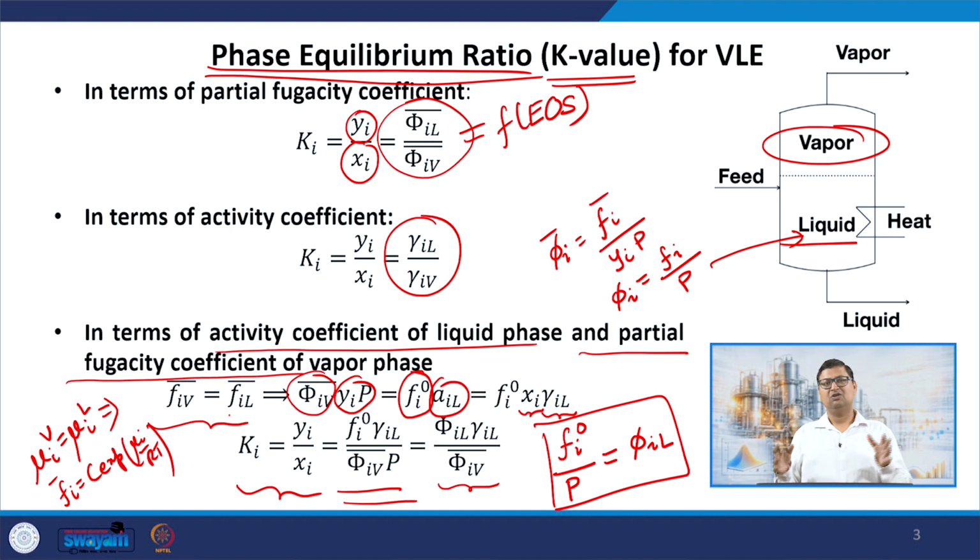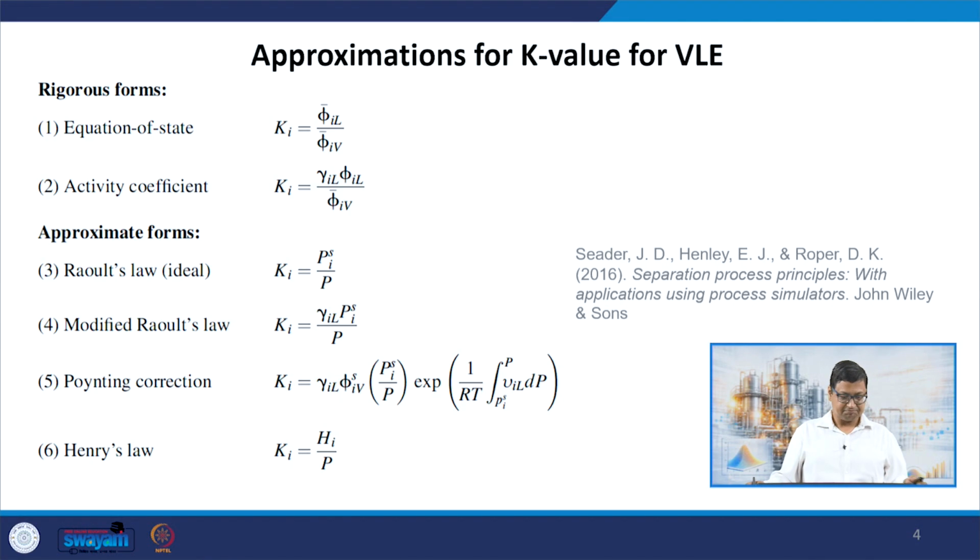So therefore, whatever relation that we have available, we can directly use it here. Otherwise, it will require some kind of a derivation starting from the chemical potential equality, right? So these relations are available, and I don't expect you to remember all the formulas. You should be able to derive them starting from the chemical potential equalities.